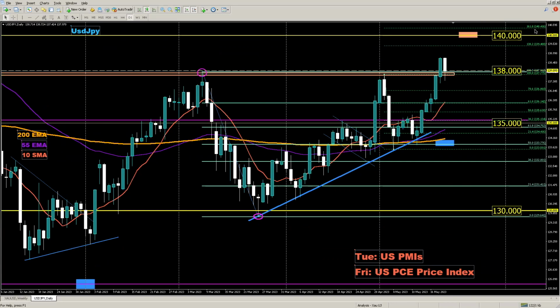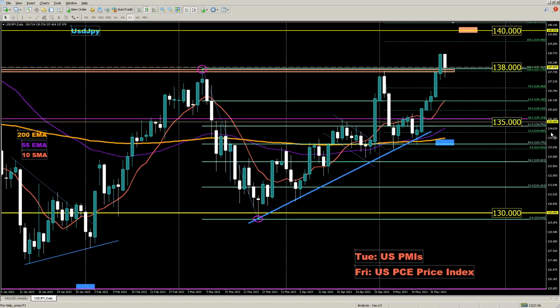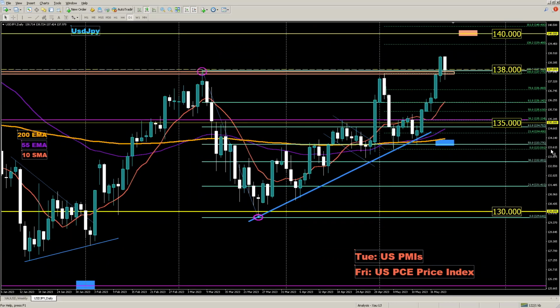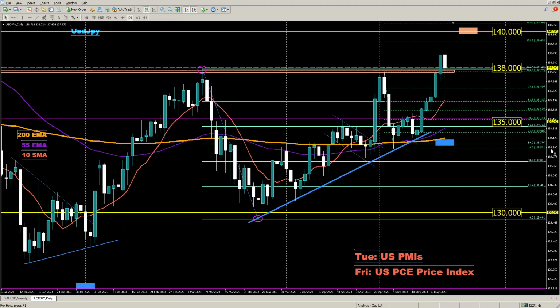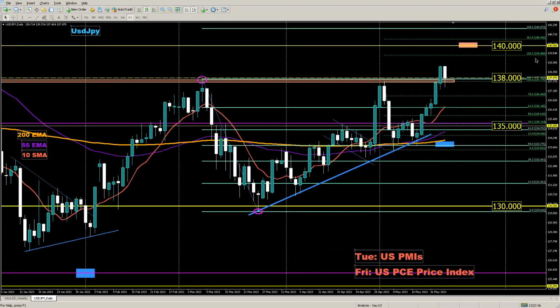Then the next one will be at 162 fib at 140.41. So let's see how much further it has to go. Or it may not get to 140. It could just hit 139.40.